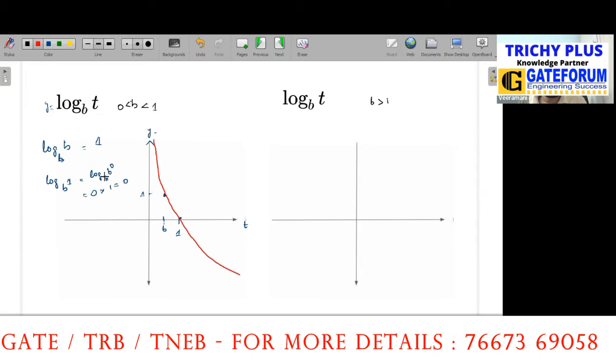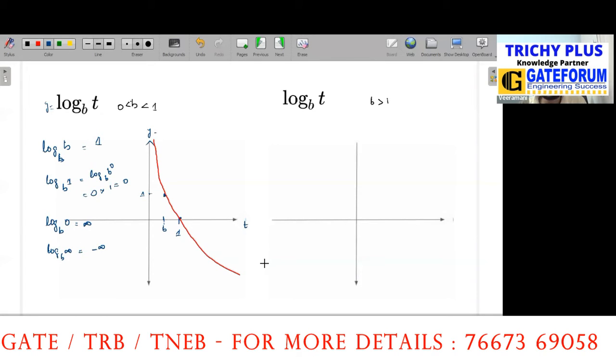Okay, so now tell me, what is the value of log base b of 0? What is the value of log base b of 0 from the curve? Where will it be? So it is going to infinity, right? So this is going to be infinity. And when it comes to log base b of infinity, this is going to be minus infinity.